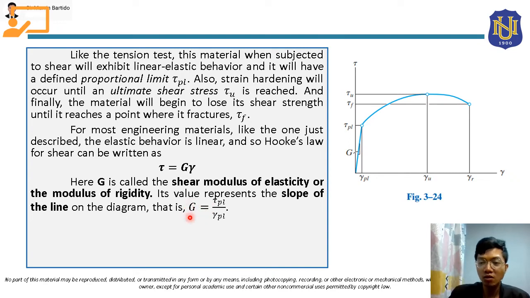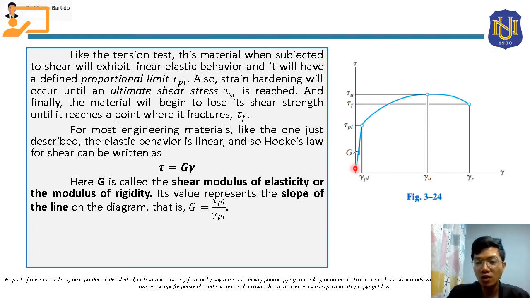That slope can be computed, let's say, from the stress and strain at the proportional limit. So that will be stress, tau sub PL, over gamma PL. So that's how we compute G, or the modulus of rigidity.